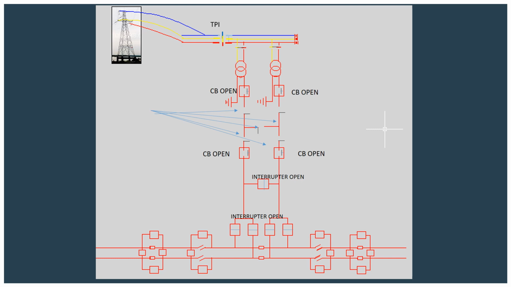TPI, triple pole isolator, for closing and opening of a three-phase circuit in air. DPI, double pole isolator, to make and break a two-phase circuit in the air when there is no current flowing.